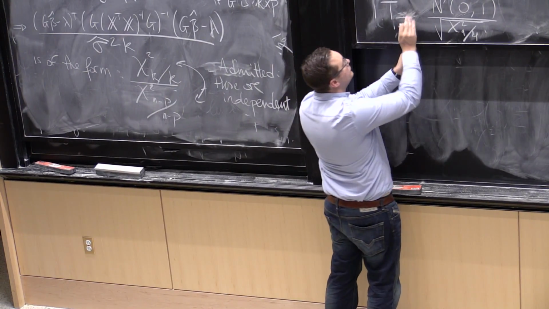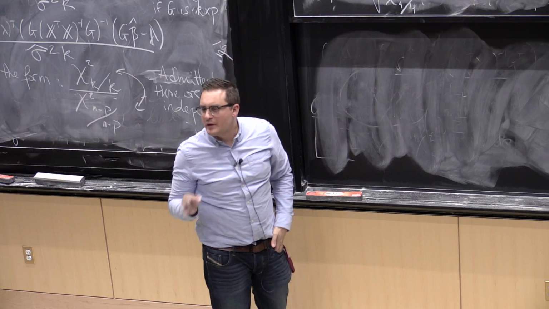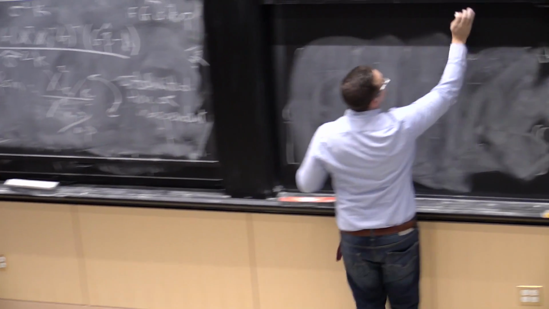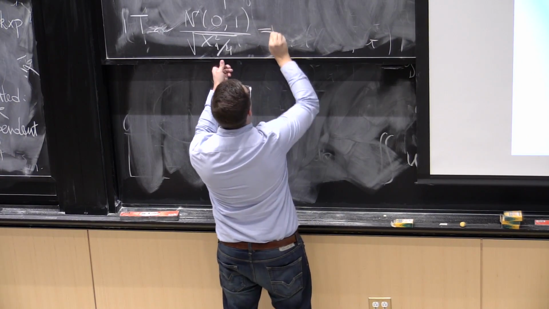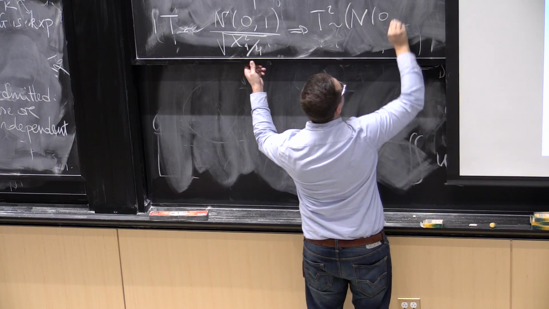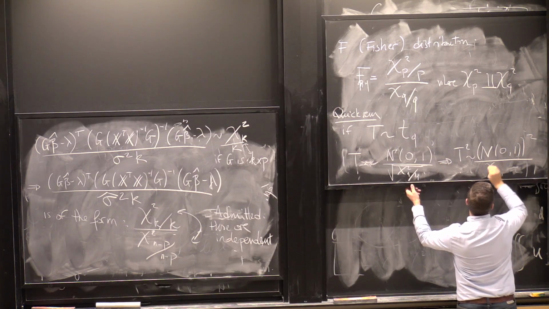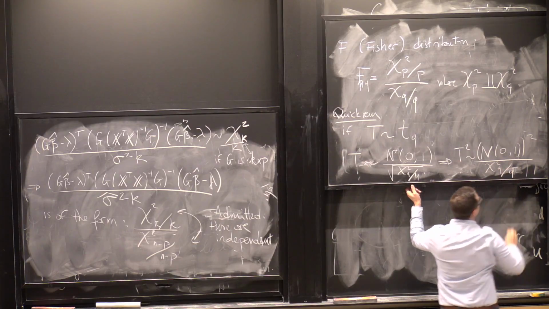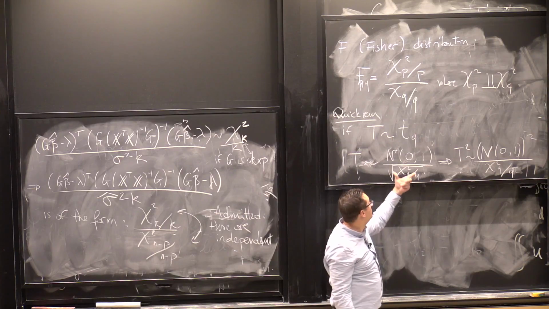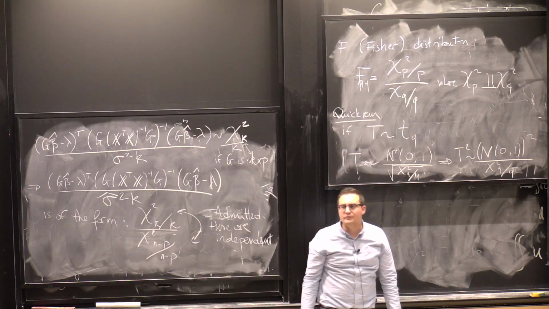And that's the distribution of T. So if I look at the distribution of T squared, well, that's the square of some N(0,1) divided by chi squared Q over Q. Agreed? I just removed the square root here, and I took the square of the Gaussian. But what is the distribution of a square of a Gaussian?